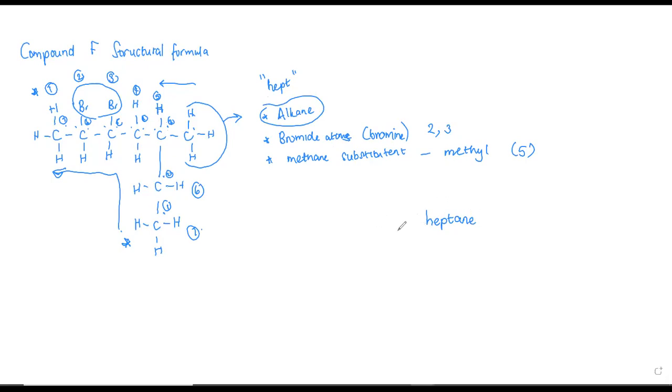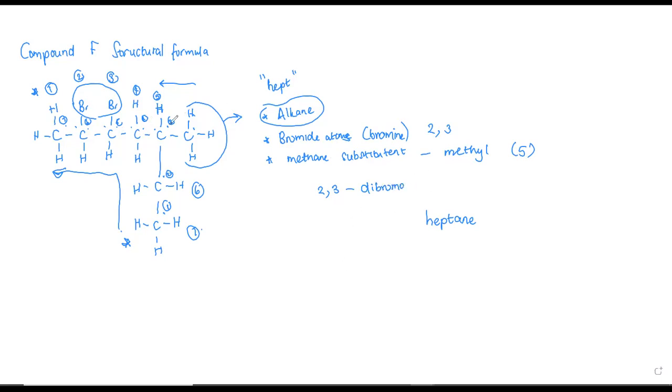And now we note our substituents. So we have a substituent in position 2. We have a substituent in position 3. We separate those positions with a comma. And since we don't have just one bromine atom, we have 2 bromine atoms, when we attach it to the IUPAC name, it will be a dibromo.